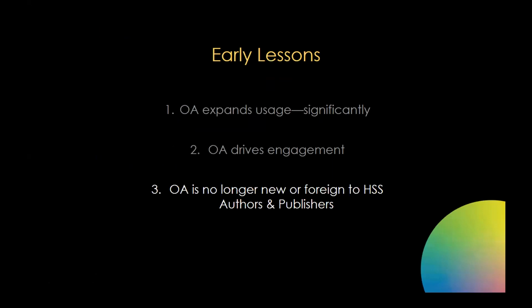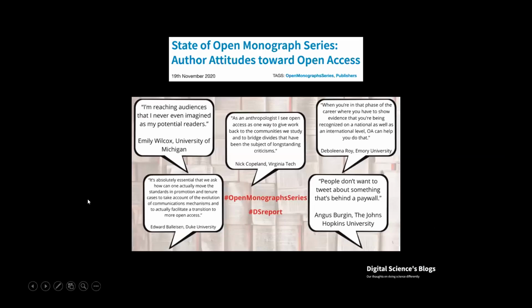And the third lesson that we're coming away with is that open access is no longer new or foreign to HSS and authors and publishers. So I think one of the things, if you go to the next slide, we did an author session at our Tome meeting recently, where we brought together 5 authors, not all of them Tome authors.